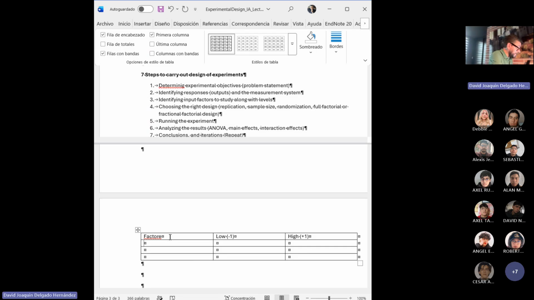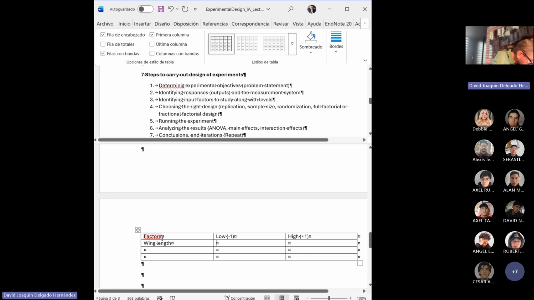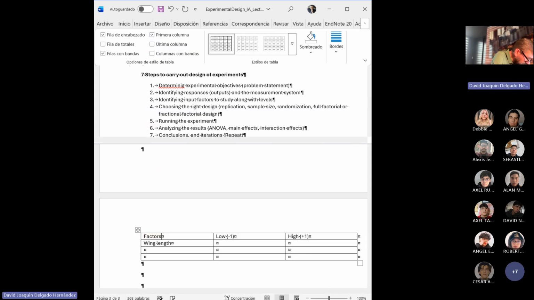Okay, so wing length will be my first factor, and the low level will be 8 centimeters, and the high level will be 12. Perfect.